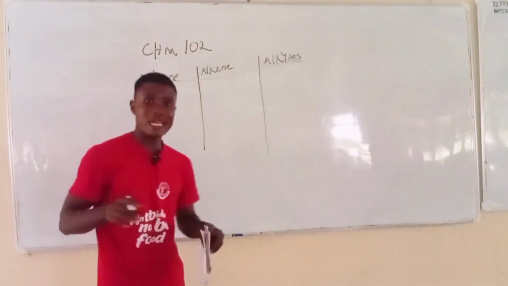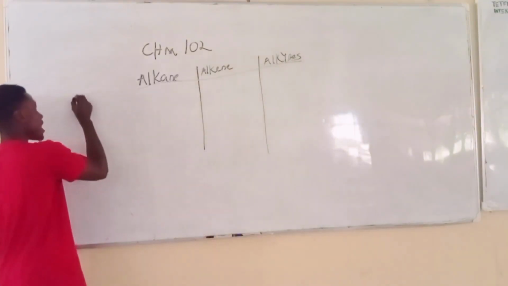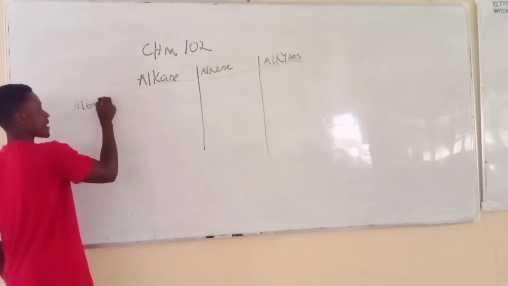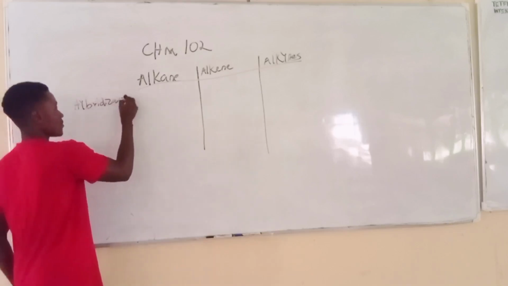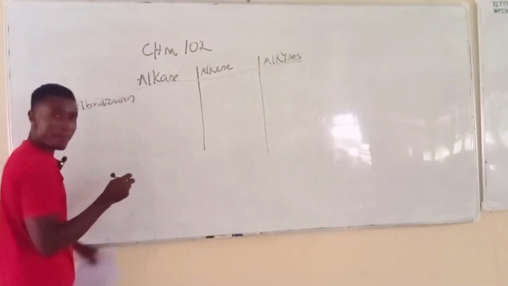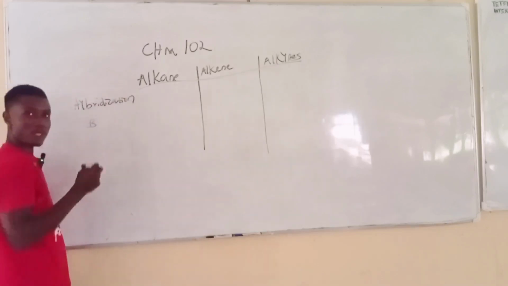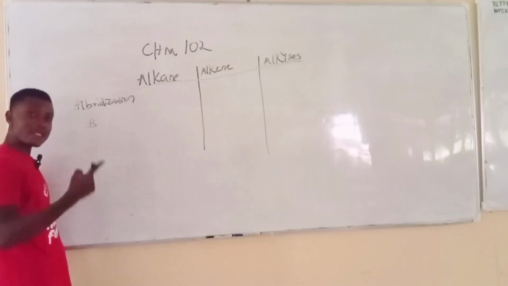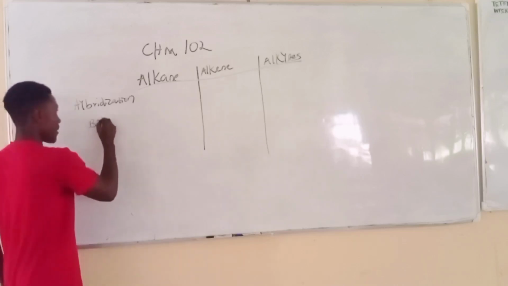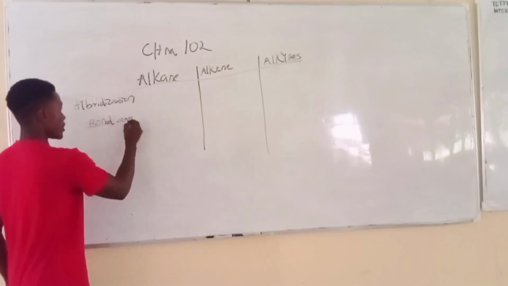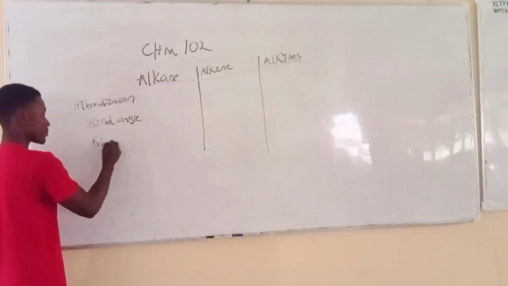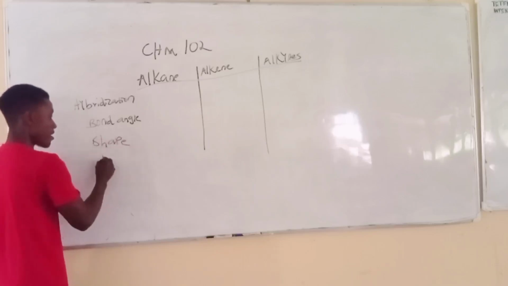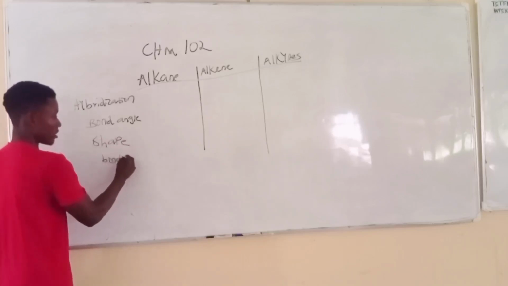We are going to talk about their hybridization. We are also going to say their bond angle. It is very, very important, as a university student, that you get to know about this. Here we say their shape, and here we say their bonding.